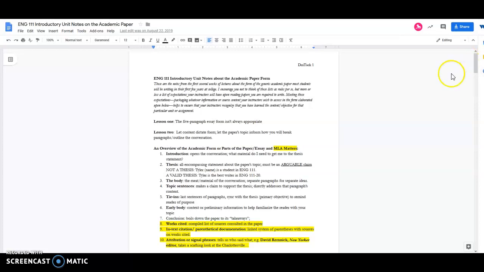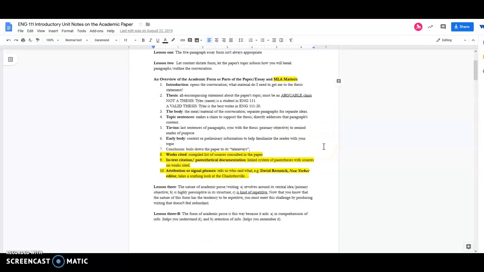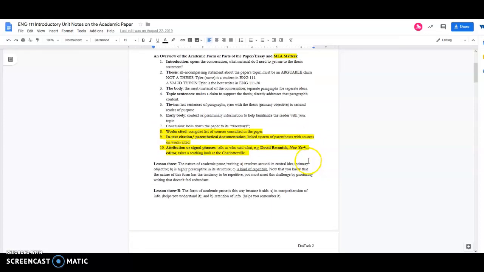So moving through our notes here, this first page is just kind of a general overview of the parts of the paper, which is sort of the whole deal with English 111.